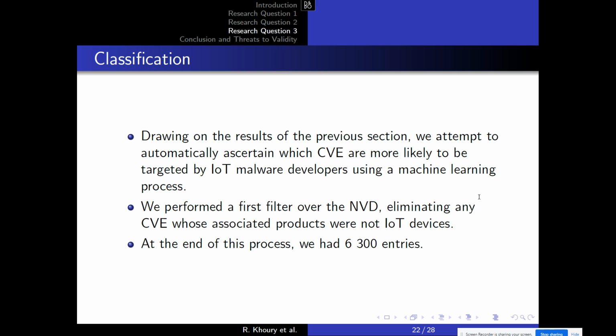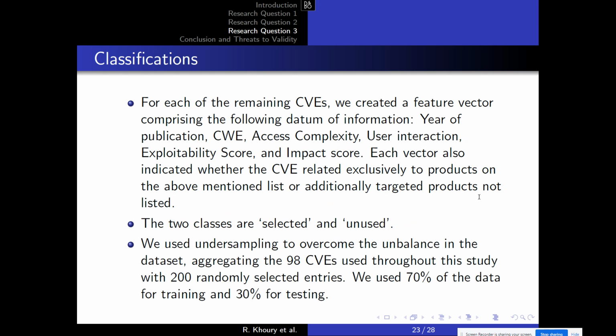At the end of this process, we had 6,300 CVE entries that targeted IoT devices. Some of them did not target exclusively IoT devices. The reason is some CVEs can target multiple platforms, but all the 6,300 exploited at least some IoT devices and possibly also other devices.